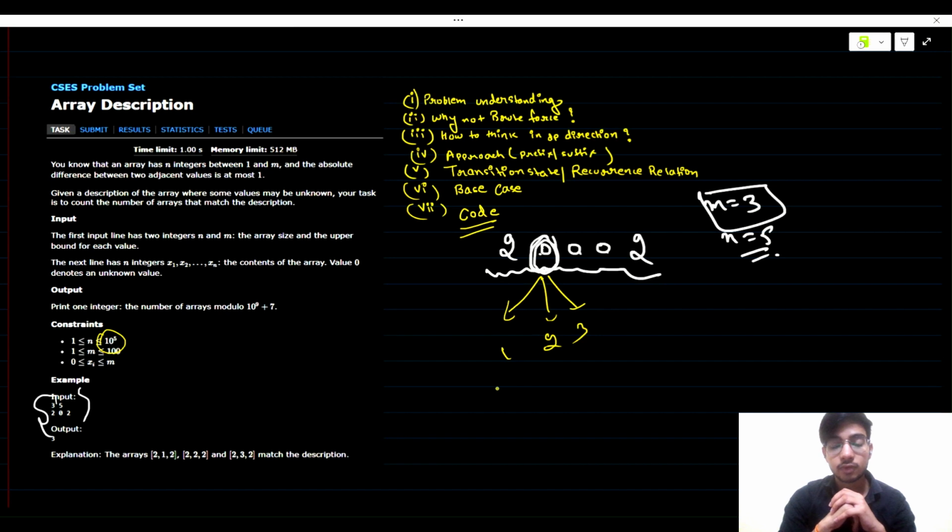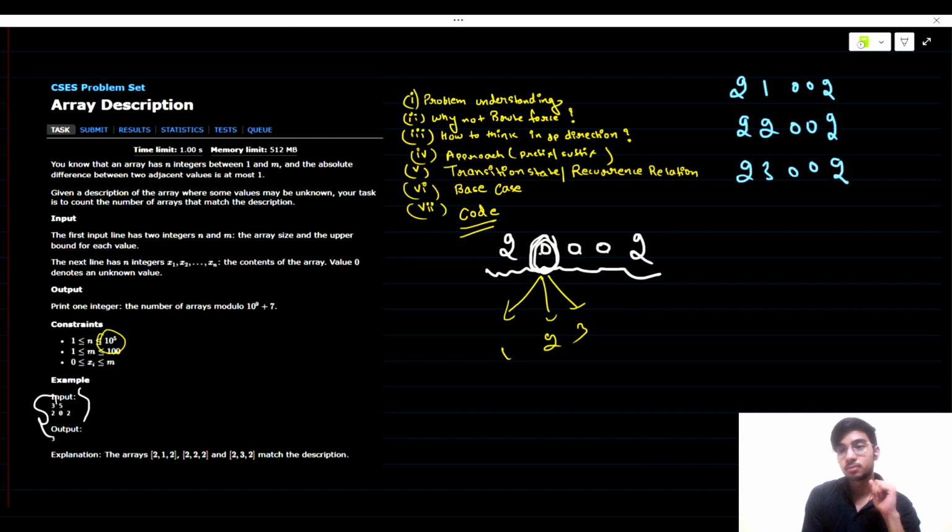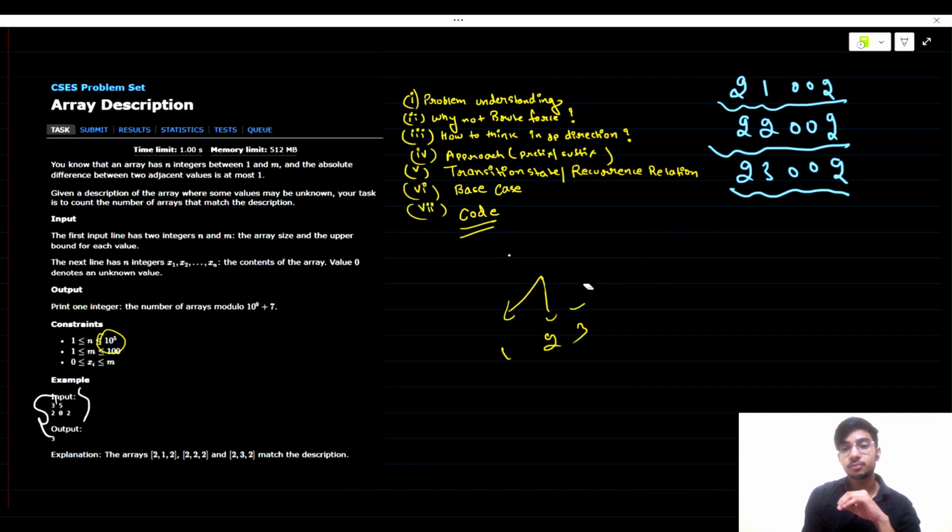So the possible arrays can be 2 1 0 0 2, or 2 2 0 0 2, or 2 3 0 0 2. Now you have to solve for the rest.